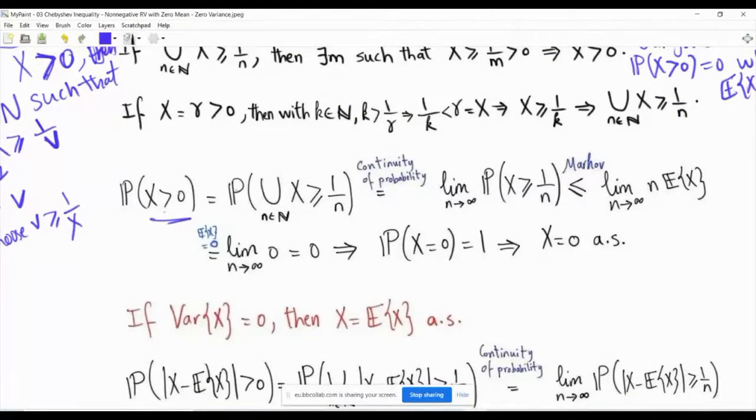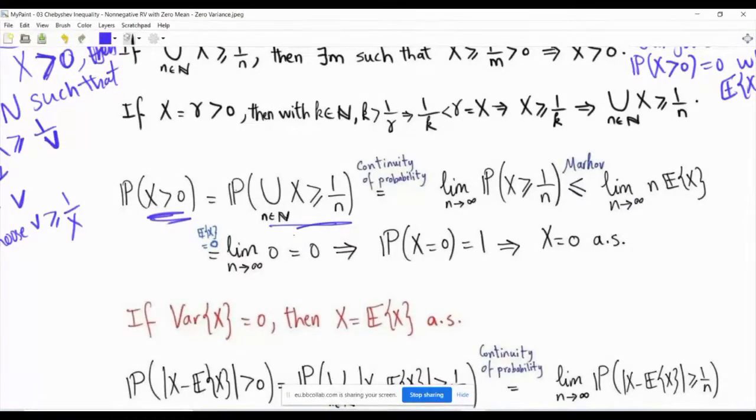A direct application of Markov is useless because if you assume that your parameter a is allowed to be 0, you will divide by 0 and the upper bound will be infinity. So instead, you take the event that x is greater than 0 to be equal to the event that there exists some natural number n such that x is greater than or equal to 1 over n.